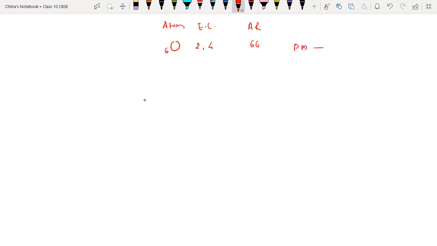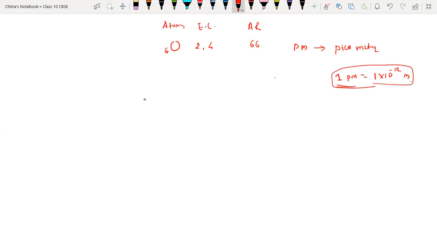You know, pm is picometer, beta. 1 picometer equals 1 into 10 to the power minus 12 meter. You just have to remember that. Atomic radius is a very, very small length. That's why we measure it in picometers.